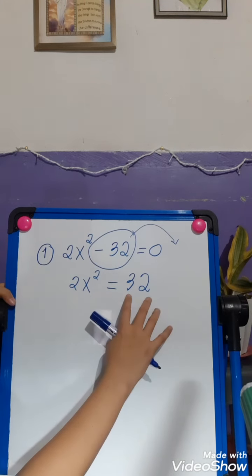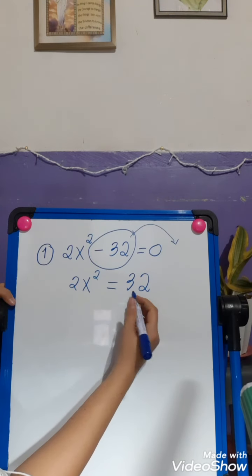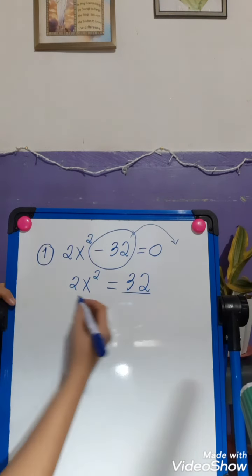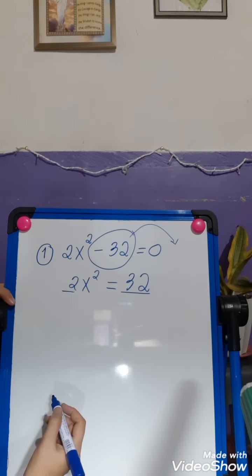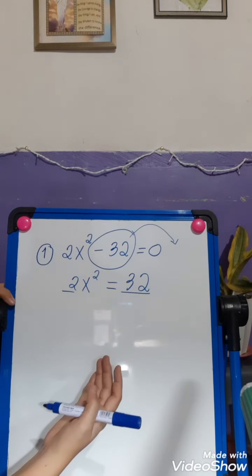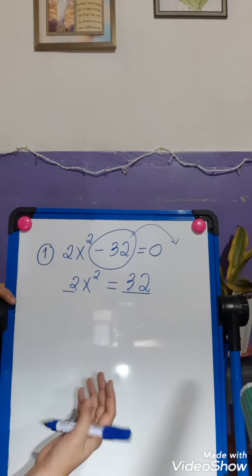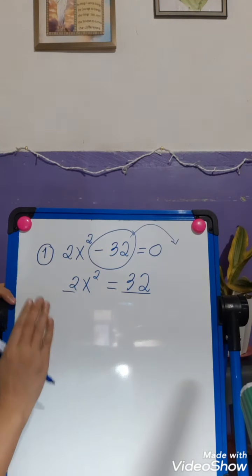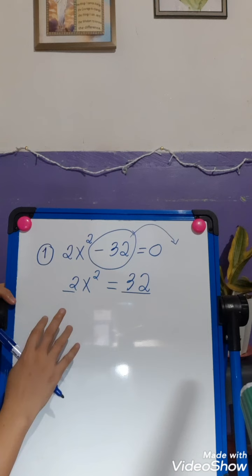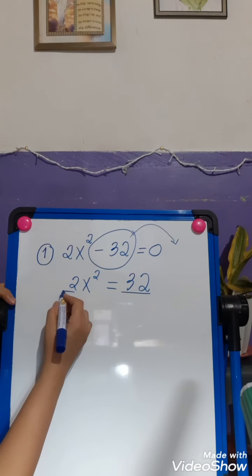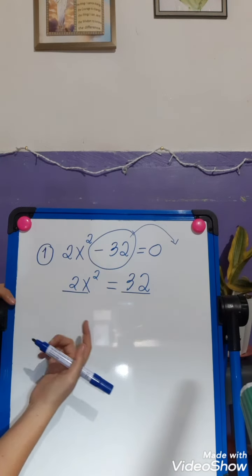Upon inspection, notice that our numbers are not perfect. So we need to find ways para mahimo siyang perfect number. So we'll try to divide both sides with 2.